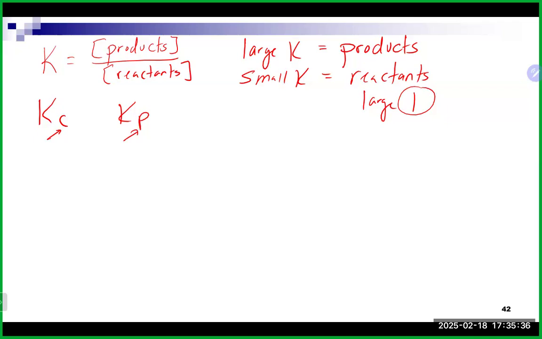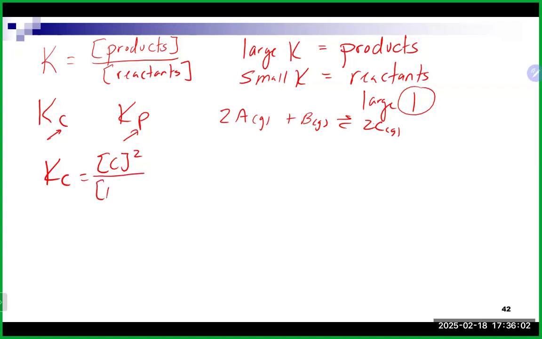So if we had, for example, all gases, like we saw a couple of examples last time, we could write a Kp expression. The only difference is, instead of using concentration, we would use partial pressure. So in this case, Kc would be the concentration of C squared divided by the concentration of A squared times B. And again, we do take the coefficients as the exponents when we write it.